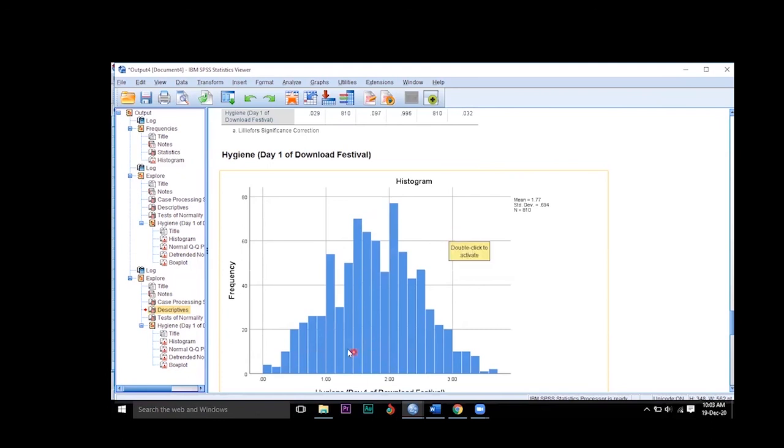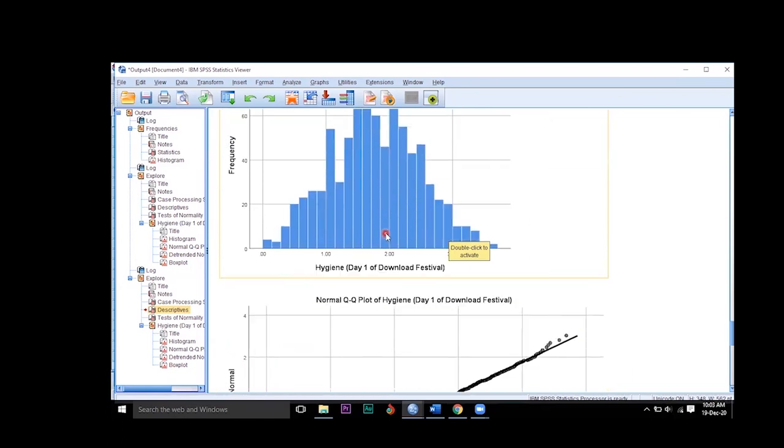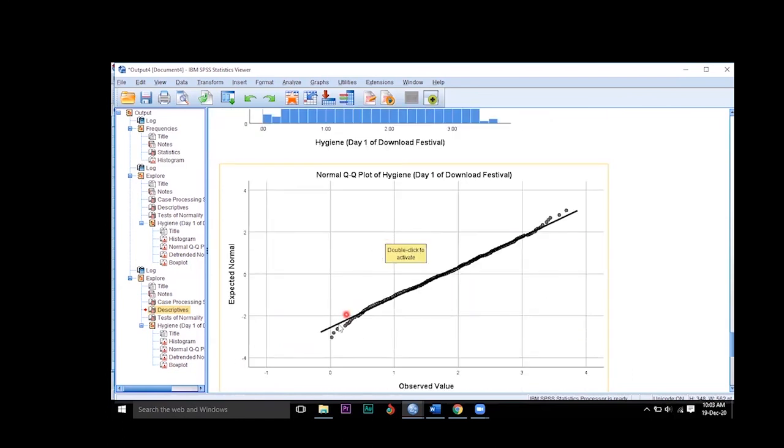Now the histogram, which looks normal. And then this is a QQ plot. Wonderful, the vast majority of the data points are falling exactly on the line. This shows that our data is normal.